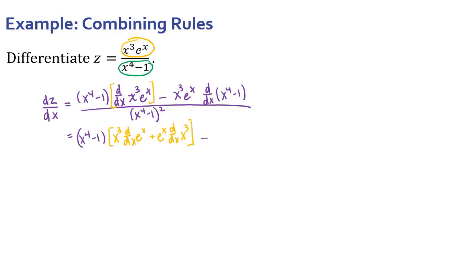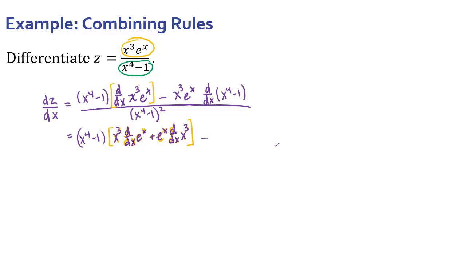I just did it in that other color so you could see where that's coming from. I'll keep the parentheses in purple. This is where I had to use that product rule, because I can't figure out the derivative of x cubed e to the x without it.